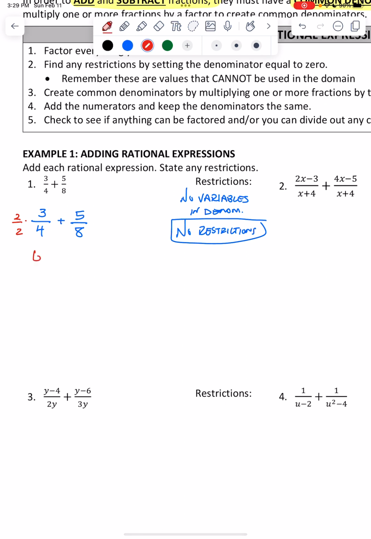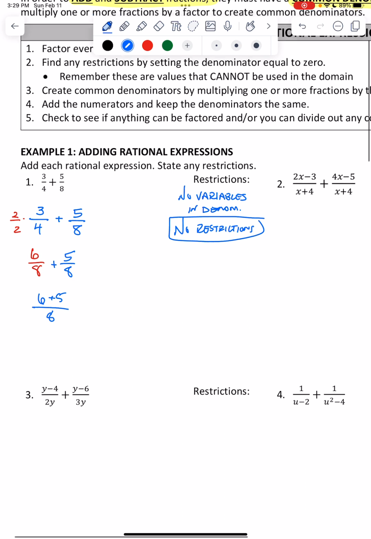That would make this 6/8 plus 5/8, and when we add fractions, we just add the top. So it would be 6 plus 5 over 8, the denominator does not change. So 11/8, and we can't divide anything out of there, so it's just 11/8.